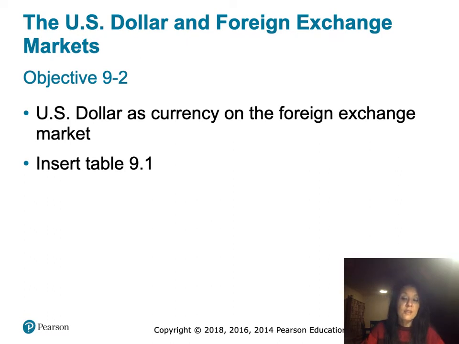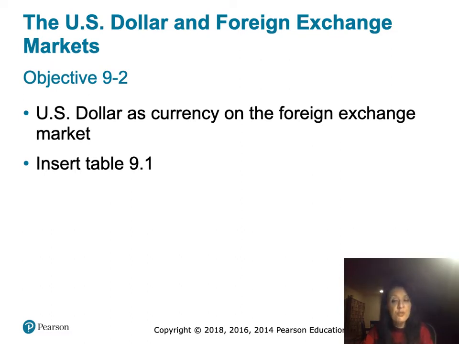Reasons for the use of the US dollar. There are a number of reasons why the dollar is the main currency in the foreign exchange market. Here are some of the most important. Number one, the dollar is a reserve currency held by many central banks.